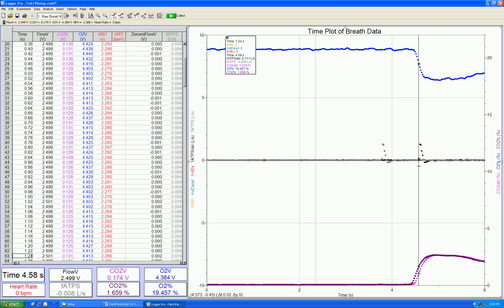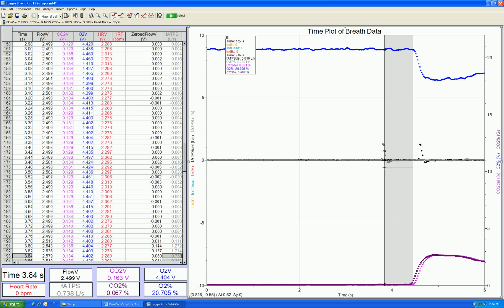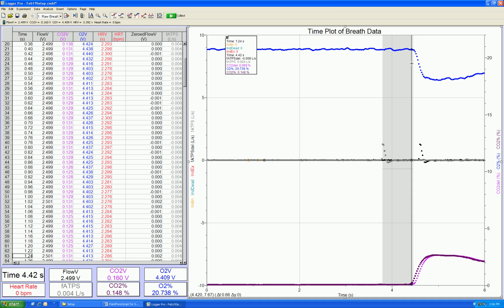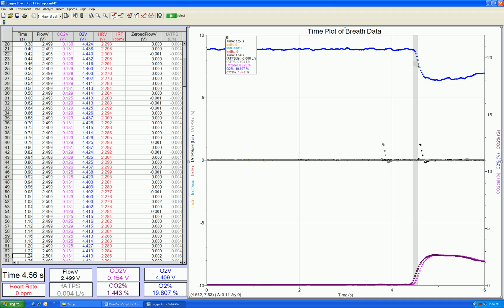The total delay includes both the transit time down the gas line, as well as the response time of the gas sensors, which is of the order of 100 milliseconds, 6 or 7 channels.